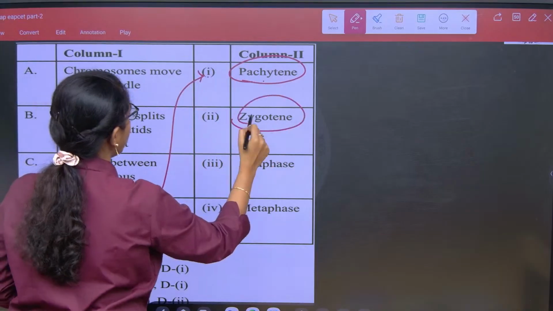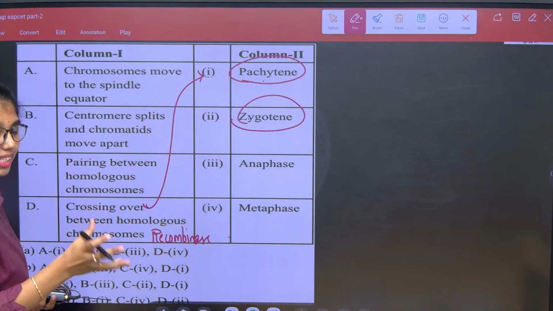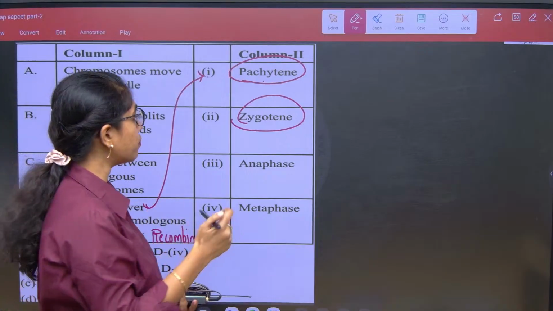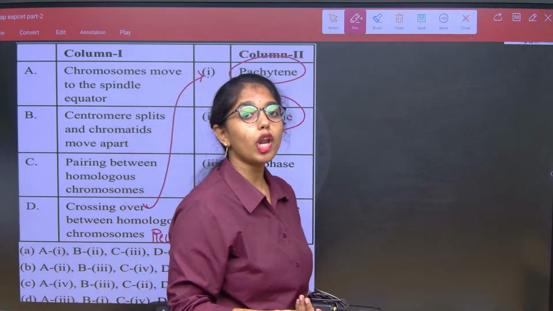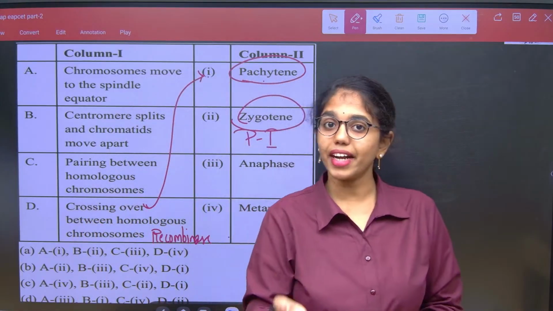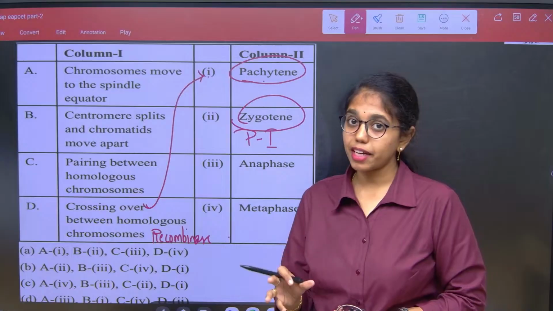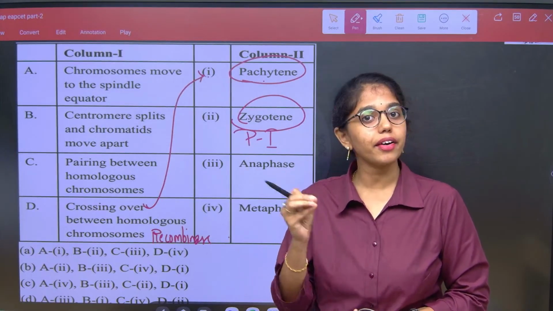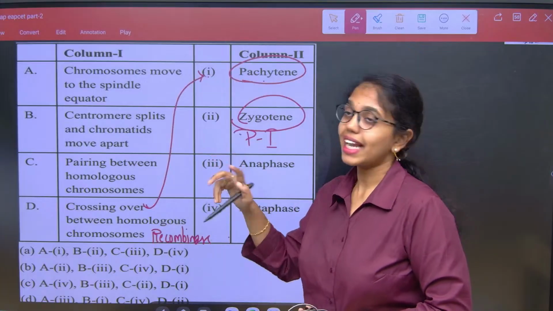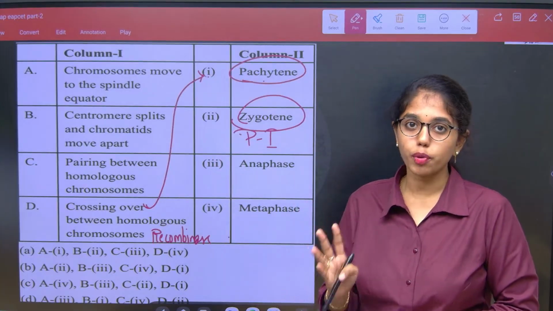Next, zygotene. Zygotene is the second substage of which phase? Prophase 1. Whenever you get terms like homologous chromosomes, bivalent, tetrad, synapsis, synaptonemal complex, all this is related to zygotene, the second substage of prophase 1.